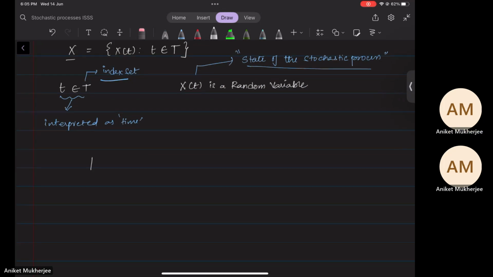So what you have is the index set T. T can be countable. If T is countable, then we call it a discrete time stochastic process.